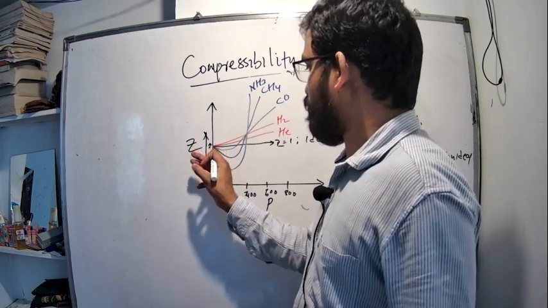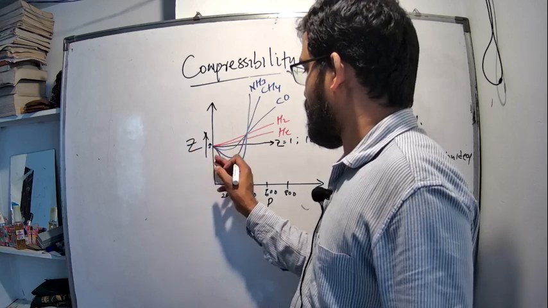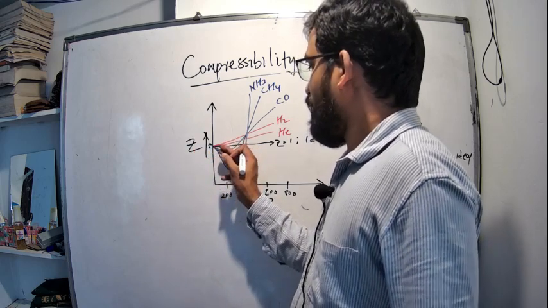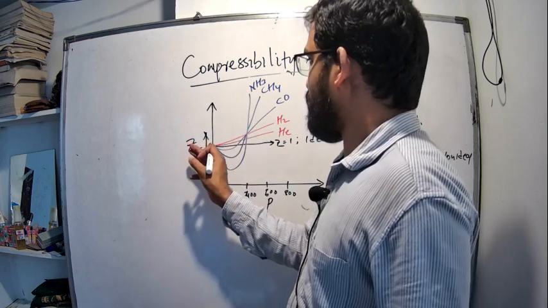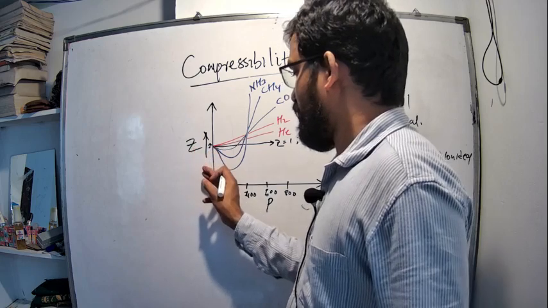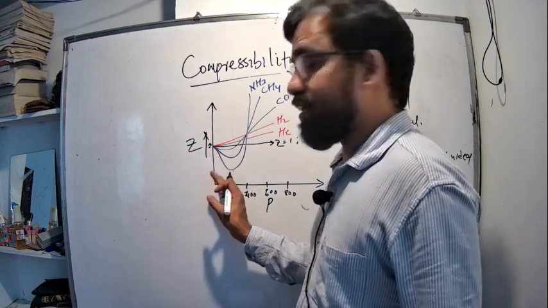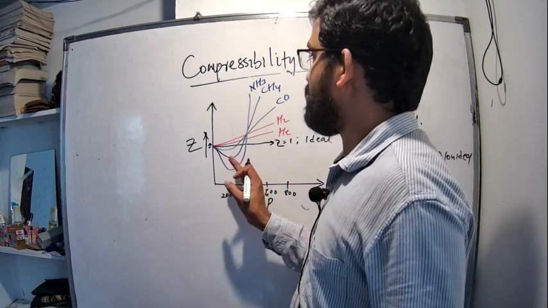Similarly NH3 has Z less than 1 and later it becomes greater than 1 as the pressure increases.